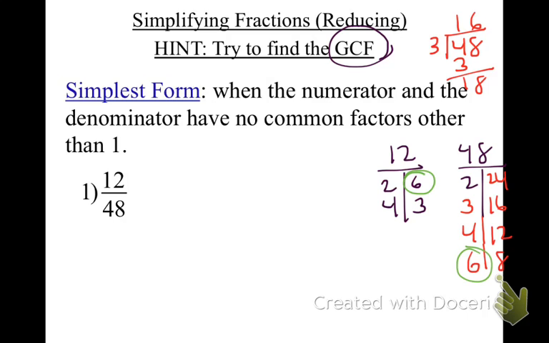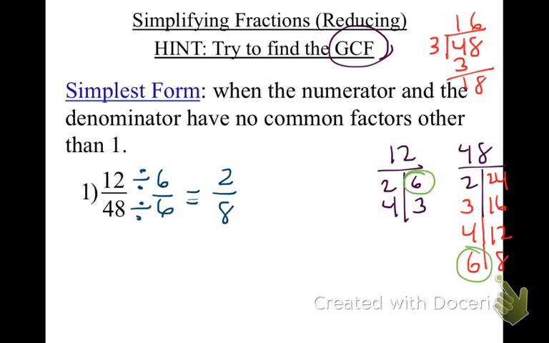So in order to simplify, I can divide both sides by 6, because remember, 6 divided by 6 is equal to 1. So we're just manipulating a fraction. And if I simplify, I end up getting 2 over 8.